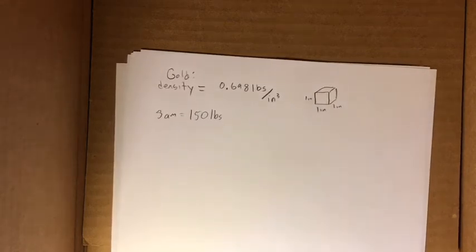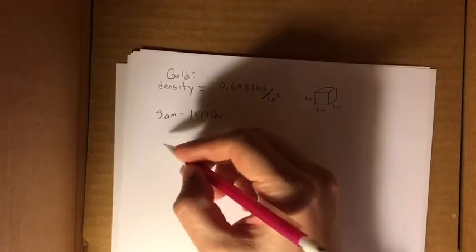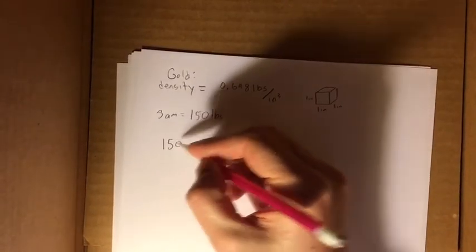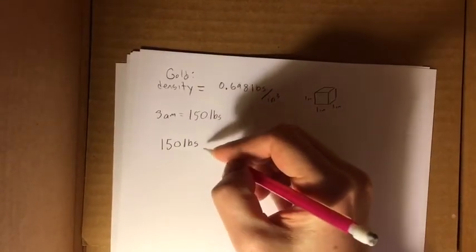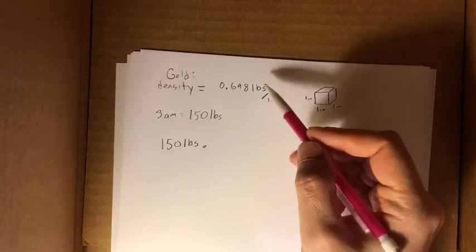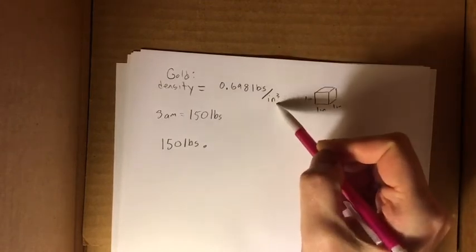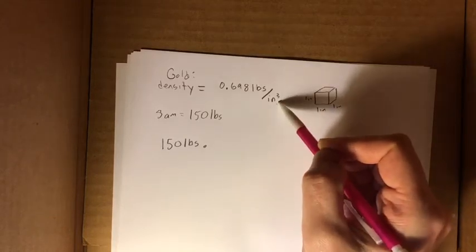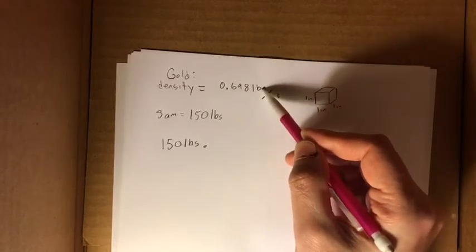Now, this is a fairly simple thing to calculate once you know how to do it. And the idea is this. You start with what you have. You want to have 150 pounds, and you're going to multiply it by the density to a certain extent. Right now, the inches are in the denominator, but we want our answer to have inches, and we want to cancel out the pounds, right?